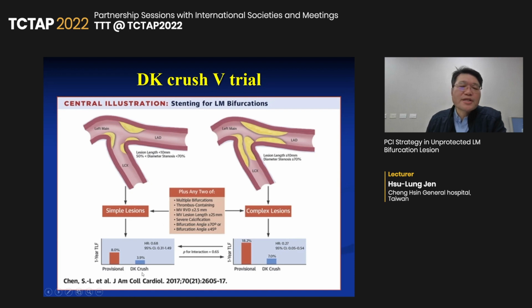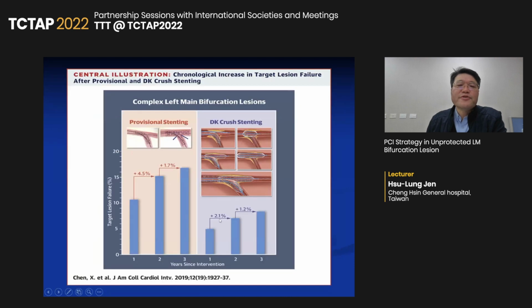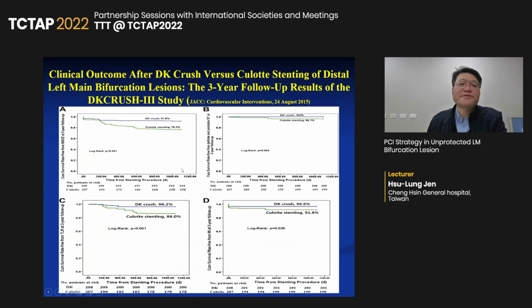For the simple lesion, the DK crush efficacy is equal to the provisional stent technique. But for the complex lesion, the DK crush is better for the 1-year target vessel failure rate compared with the provisional stent technique. With long-term follow-up at 3 years, it also shows a concordant benefit in target lesion failure compared with the provisional stent technique.